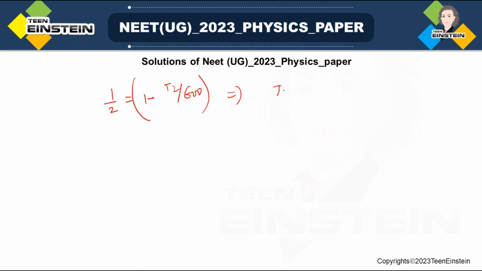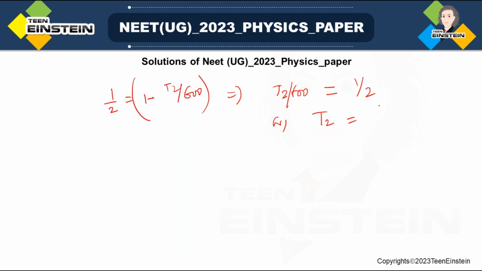So T2 by 600. This is minus half actually, minus plus half only.